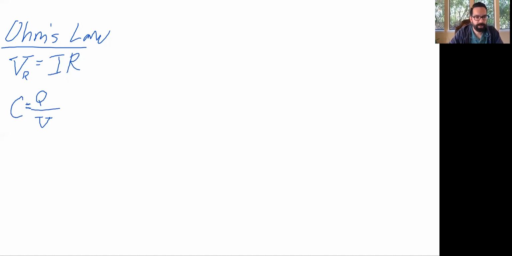The other important concepts that we talked about in chapter 27 were Kirchhoff's laws. I always forget how to spell it, I think it's two H's. Kirchhoff said that the voltage around a loop in your circuit always equals 0.